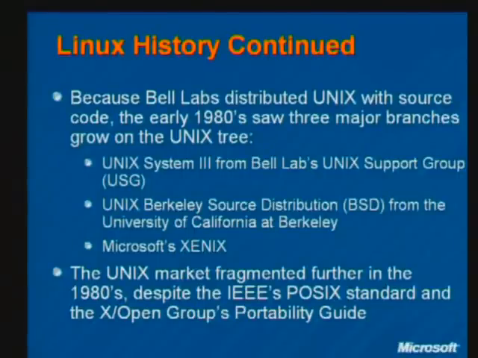Now, what happened to Microsoft Xenix? Just as a little sidebar, because it brings us into current events, Microsoft Xenix was actually sold off to SCO. SCO was actually started with Microsoft Xenix. And the SCO group, Santa Cruz Operation, because Microsoft gave them Xenix, Microsoft took partial ownership of SCO, which Microsoft eventually sold off in the early 1990s.